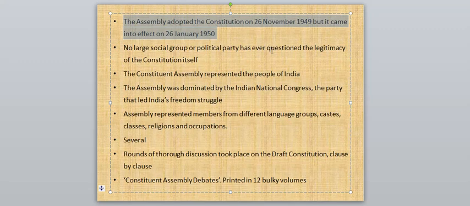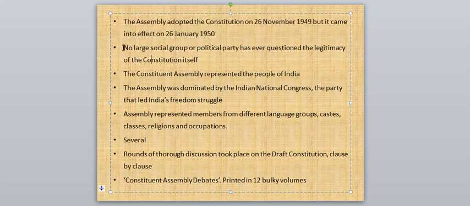Now, why should we accept the Constitution made by this assembly more than 50 years ago? We have already noted that the consensus was there, but in many countries you have seen that they have rewritten their constitutions afresh because their basic rules were not accepted by all the social groups and political parties. But it was not the case in India.